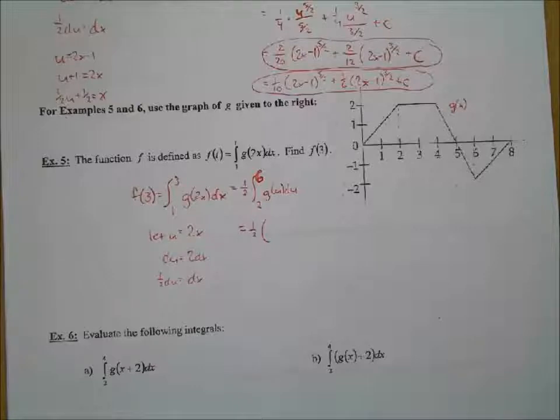Okay? In a certain sense, we're given this as the graph, and then we have this for u. So then should we be able to integrate g of 2x? Yes, you can do that here.